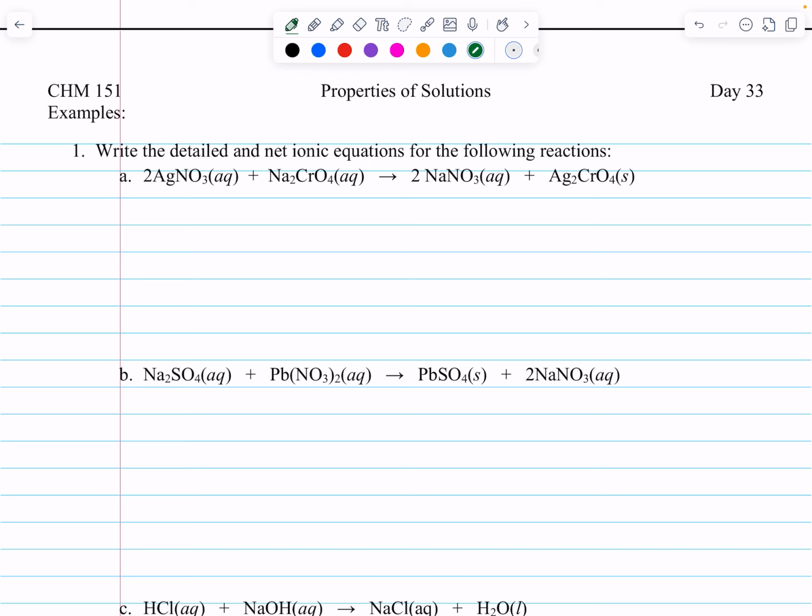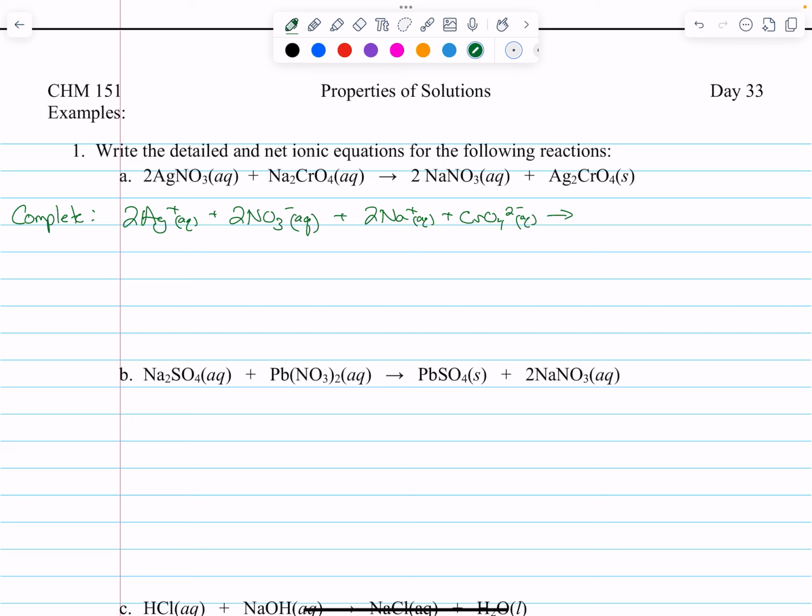All right, so for our complete or detailed equation, silver nitrate is ionic, so I get 2Ag plus, 2NO3 minus. Sodium chromate, ionic and aqueous, 2Na plus, CrO4 2 minus.